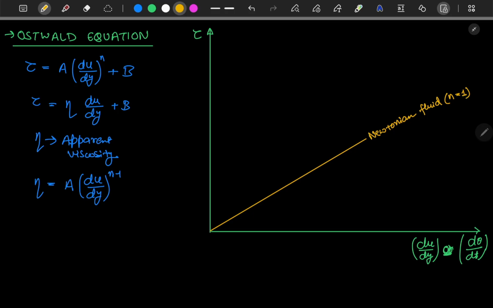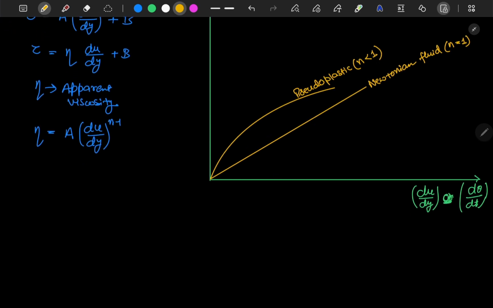Okay, and this here represents your pseudoplastics, and for pseudoplastic your n is less than 1.